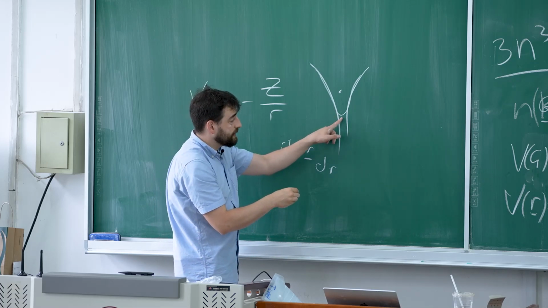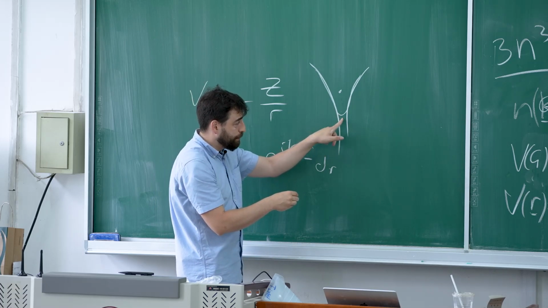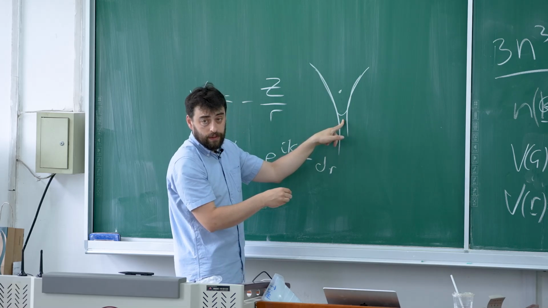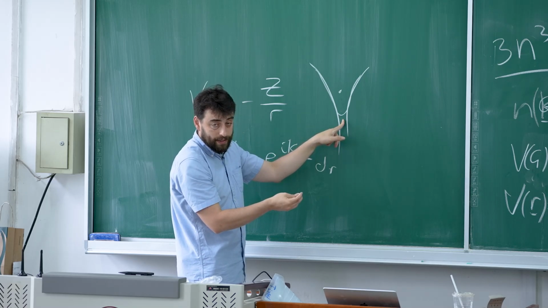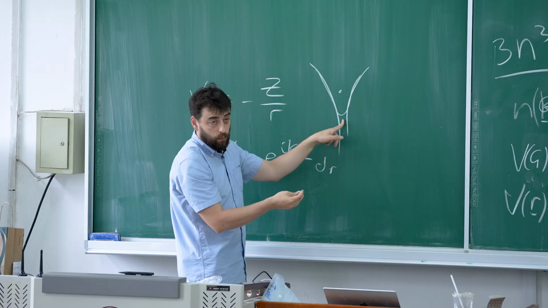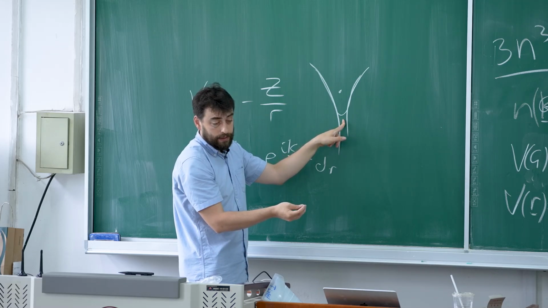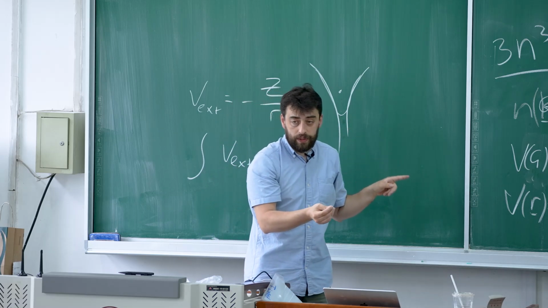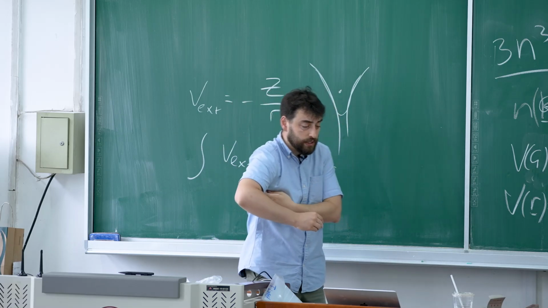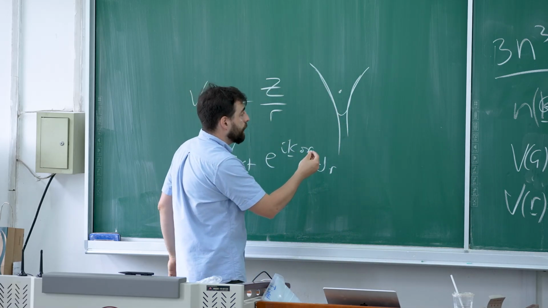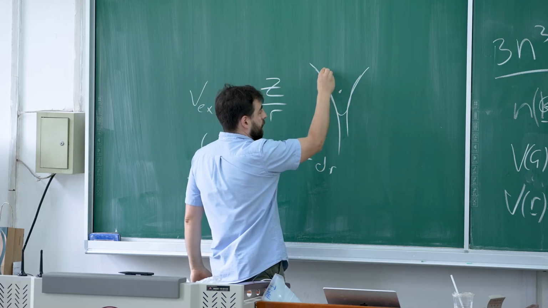So if we can instead replace the 1 over R with a bandwidth limited alternative, which is in some way correct, then we can do the calculation accurately. But the question is, what is correct?